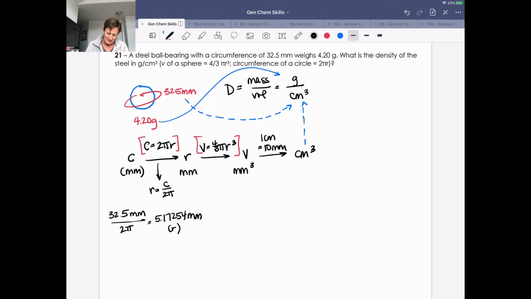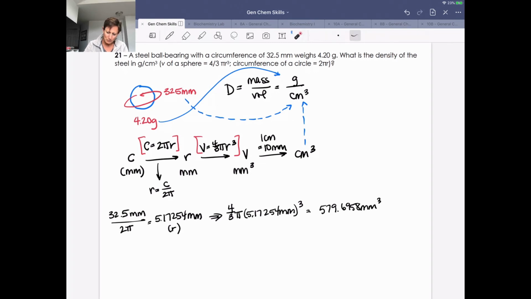We can take 4/3 times pi times this 5.17254 millimeters. I'm going to cube that, and that's going to get me to 579.6958 millimeters cubed, right?